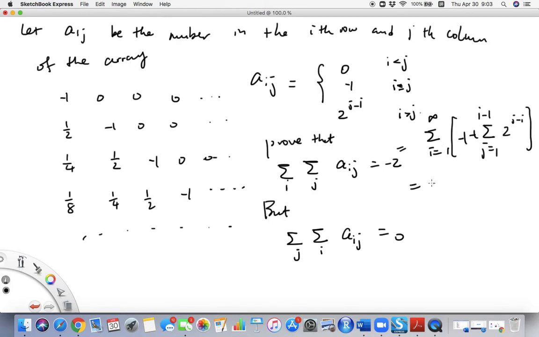Okay, so let's compute. This is just the partial sum of a geometric sequence, right? We all know the formula for this, so I'm just going to write it.